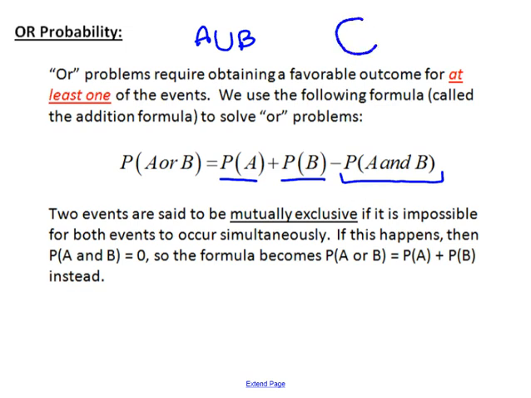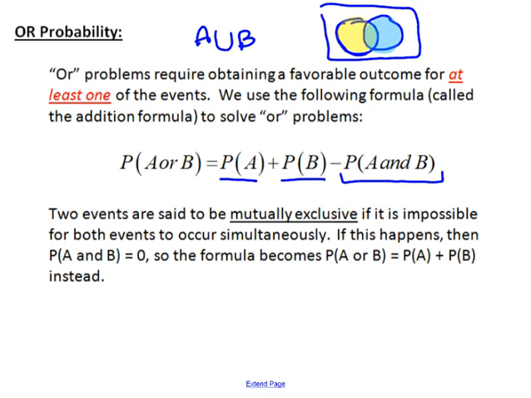If you remember back to set theory and Venn diagrams, A or B, we would add up all the amount that's in A, that's all this amount, and we'd add up all the amount that's in B, that's all this amount, and this part right here in the middle got counted twice. So we subtract it off once so that we get an appropriate number. Okay? So that's the reason for the subtraction part of this.